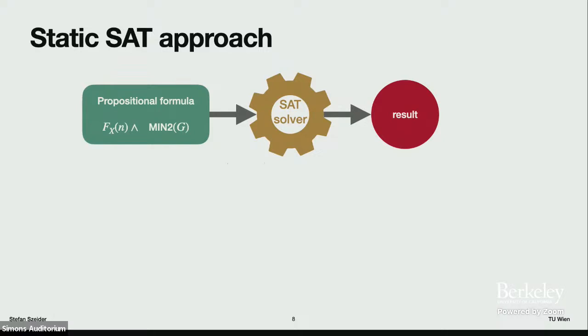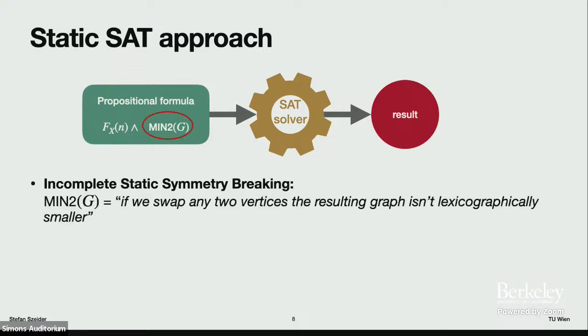For instance, this here would say that when we swap any two vertices with a permutation that only swaps two vertices, we shouldn't get a lexicographically smaller graph. This we can express with a relatively small number of clauses, and it would at least filter out some of the isomorphic copies. But of course, a general automorphism could permute basically all the n vertices. So it's only helping a little bit.